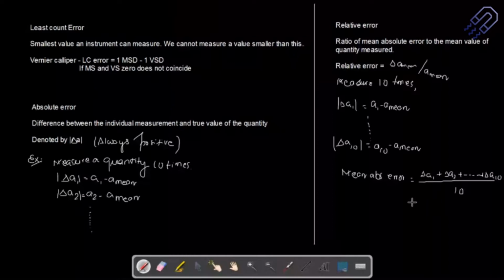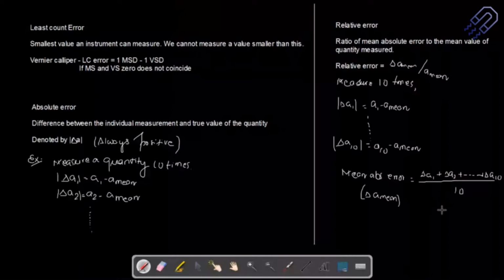This will give you that value. So this is your delta A mean. And then A mean is nothing but the mean of all these values, A1, A2, A3, A4, and so on, which gives you the A mean value. So this is what is called the relative error.